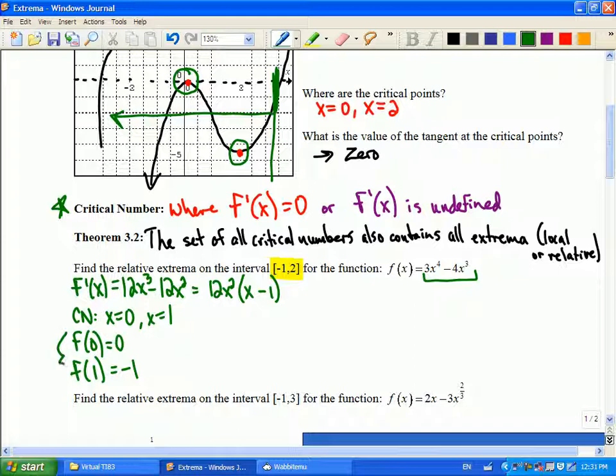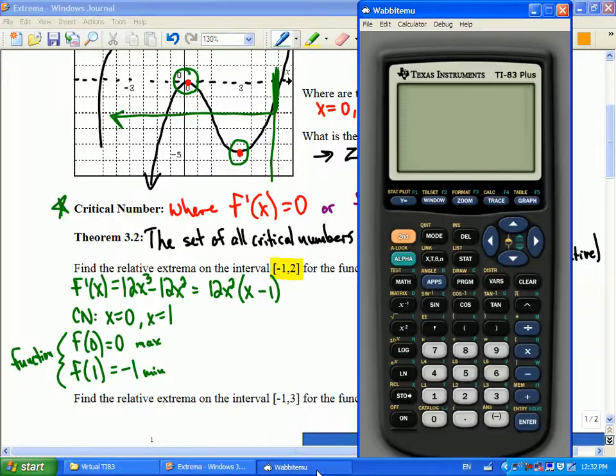So this here is the function, not the derivative. I found out the points where there's going to be extrema on the function. Now I'm actually seeing, what are they? 0 is bigger than -1, so what do you think is happening to the graph there? Well, yeah, you'd be inclined to say that this is a maximum and this is a minimum. Okay, let's take a look at the picture and make sure that everything is the way we expect it.